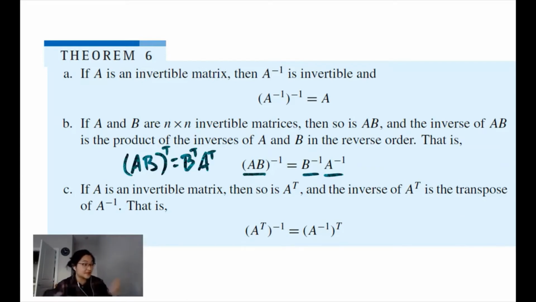And if you're looking at your inverse's transpose, or your transpose's inverse, those are the same. So that's pretty cool, and there's a lot of things that we can do with invertible matrices.